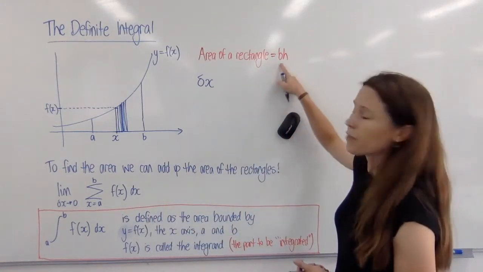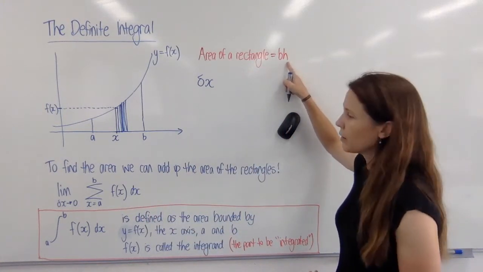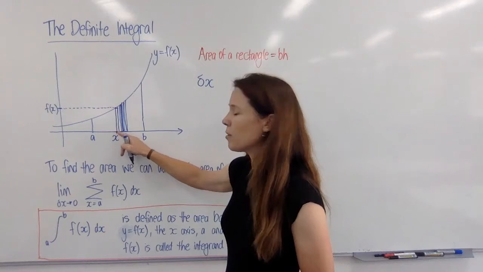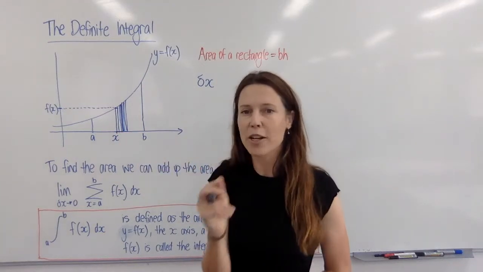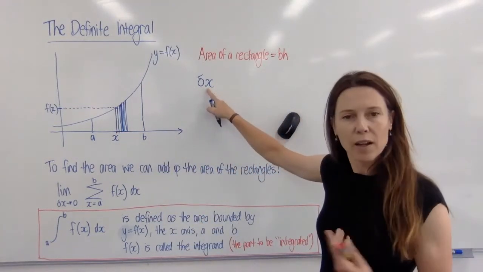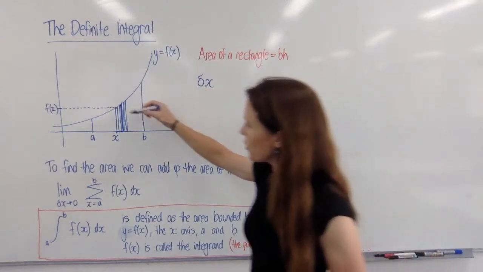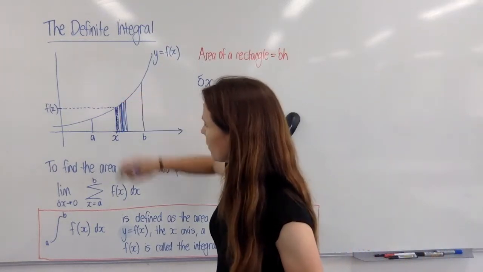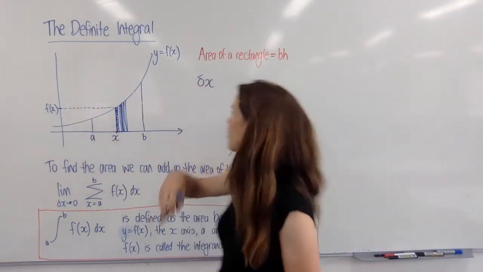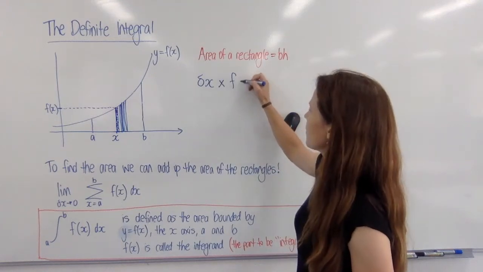Now, think about the area of a rectangle. It's base times height. The base of our rectangle is just a tiny change in x, and the height of our rectangle is f of x. So we write it like this.